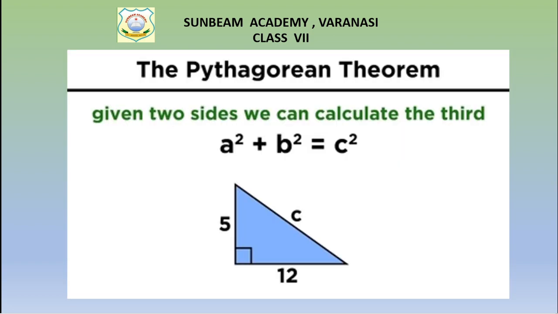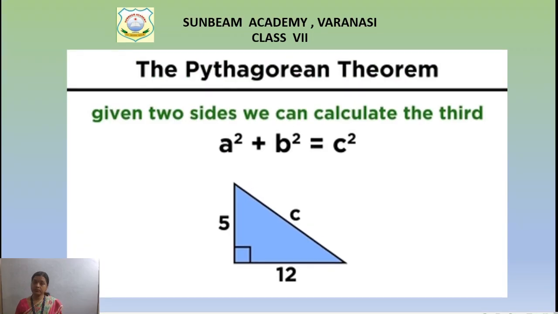Okay, children. Now, as you can see, the Pythagoras theorem is in front of you. What it says is that given two sides, we can calculate the third side. Okay, it is a right angle triangle, isn't it?